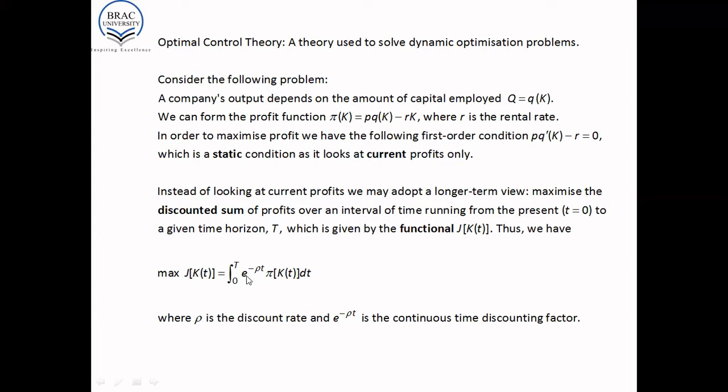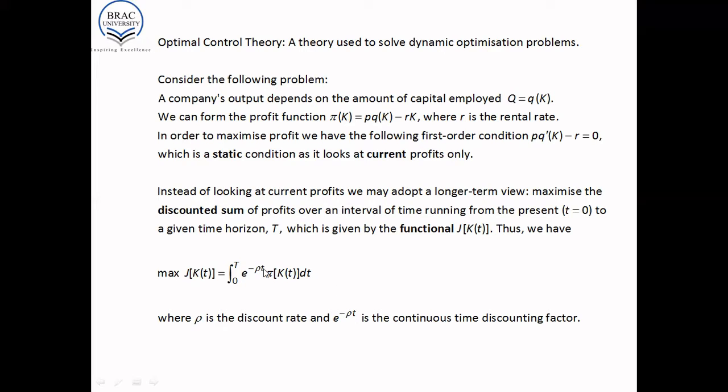e is the natural number, it is a constant. When e is raised to a negative power, you are effectively dividing pi by e, just as we do in a discounting problem. We divide something by a number. And rho is the discount rate. It is known, maybe it is 3% or 4% or 5%.